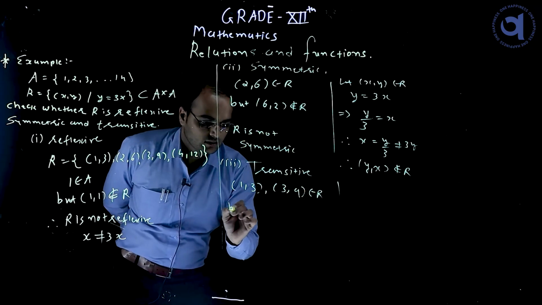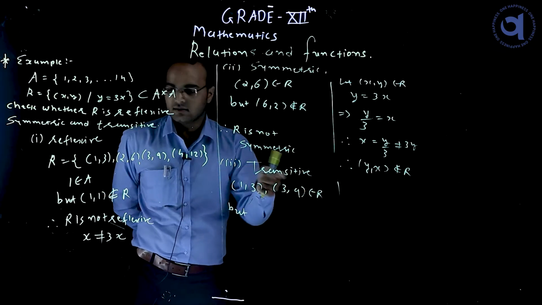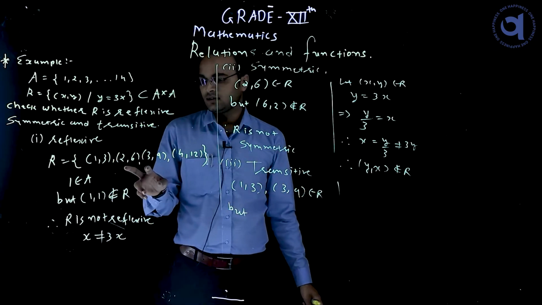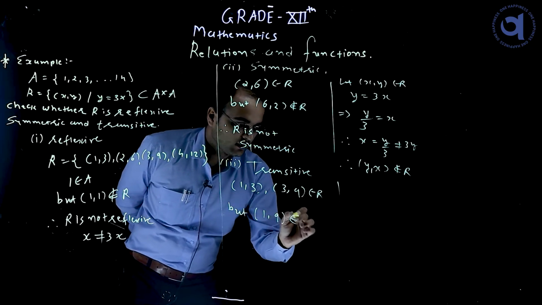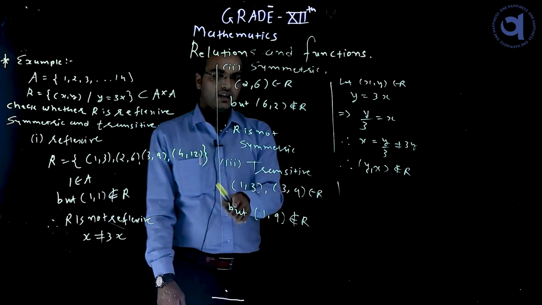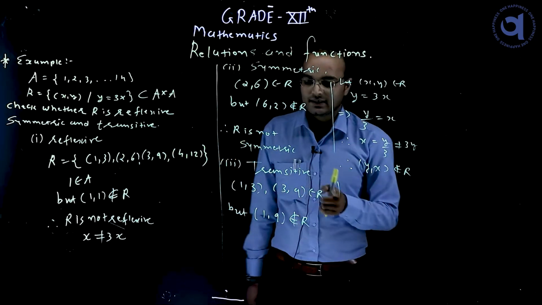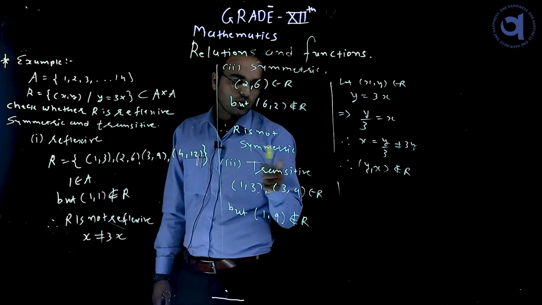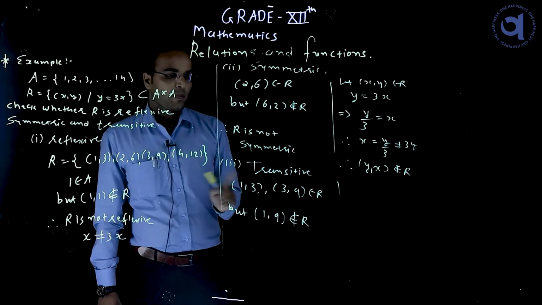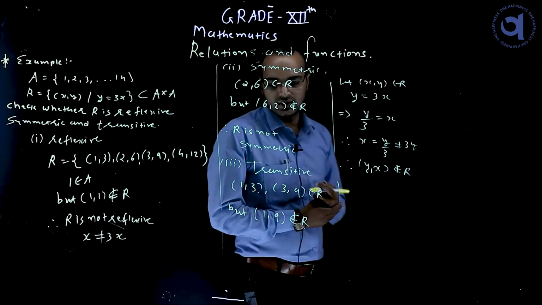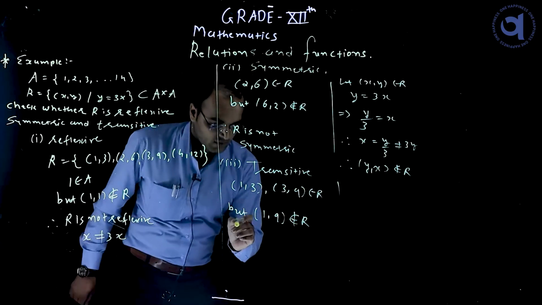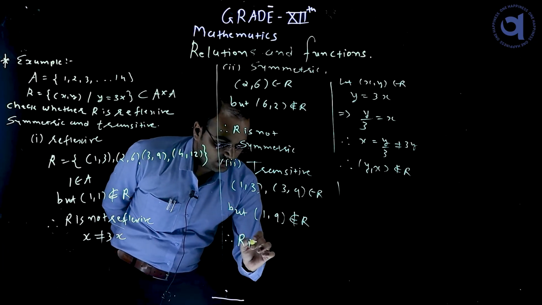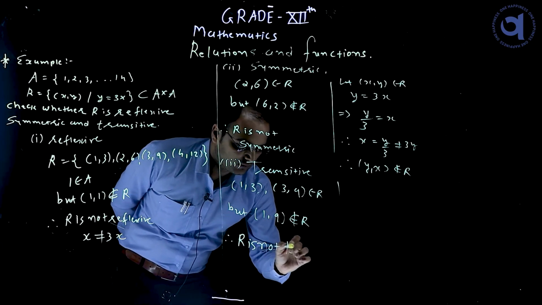But now, is there an ordered pair 1 comma 9 in the relation? It is not there. So 1 comma 9 does not belong to R. That means 1 is related to 3 and 3 is related to 9, but 1 is not related to 9. That means the transitivity definition does not hold for these two ordered pairs. Okay, so therefore R is not transitive.